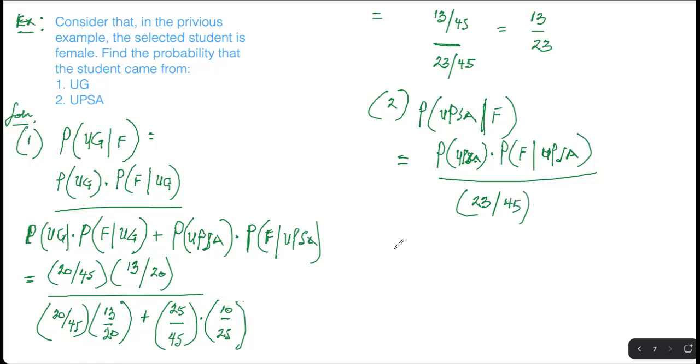So what do we have here? The probability of UPSA multiplying by this. We'll just pick it from here.